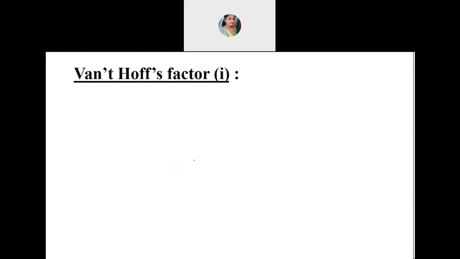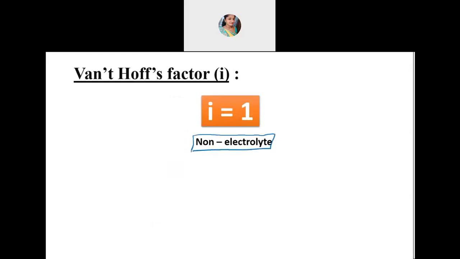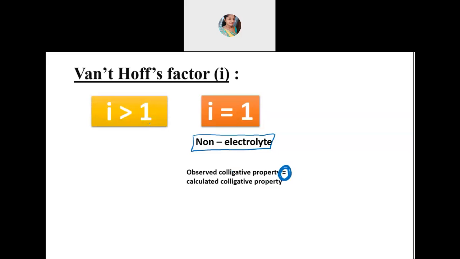Okay, so on the whole, I can sum this up and tell you, if i value is equal to 1, it's a non-electrolyte where your observed and calculated values both are equal. If both are equal, your i value will be 1 when you divide them. But if it's a dissociation case, your i value comes out to be greater than 1, because they are dissociating, so you will get more solute particles.